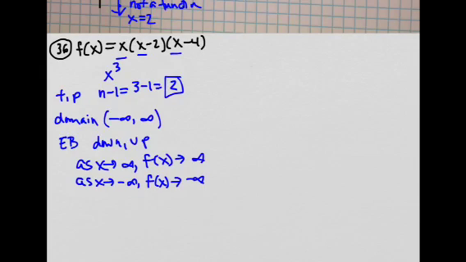That's how you would write it mathematically. And because the ends go in opposite directions, the range is also all reals.